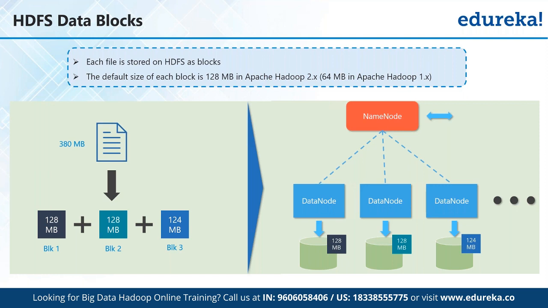That's the obvious question, because these are all machines: power failure could happen, a disk can crash, a system can crash. What would happen? Your file would be gone, right? You won't have a file at all in this scenario, because one portion, 128 MB, is gone, and I can't create my file again.